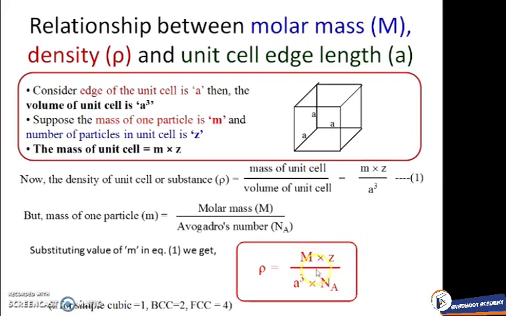So M into z upon a cube into Na. Na is the Avogadro number. So this is the formula for density. Many a time a problem is asked on this formula to calculate the density of a crystal, provided the other terms are given.